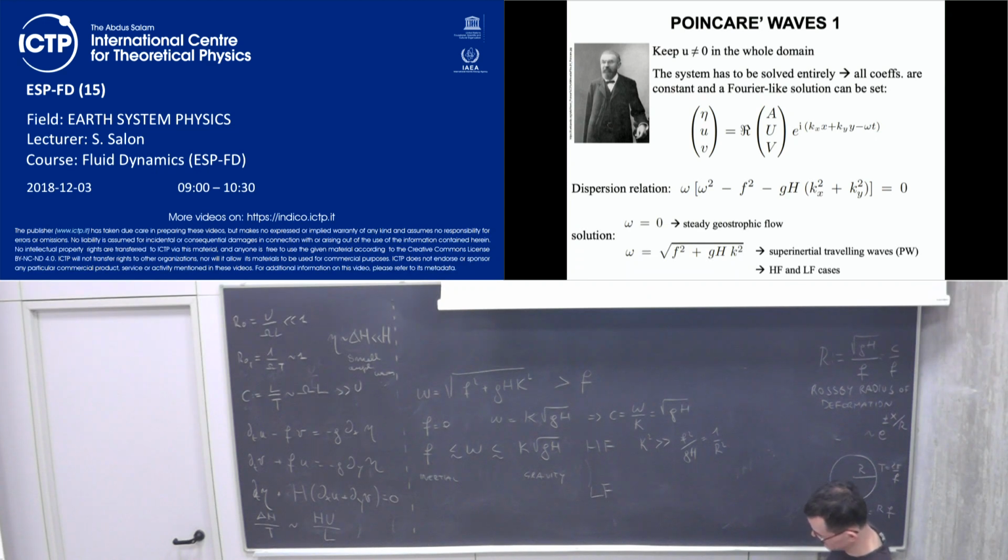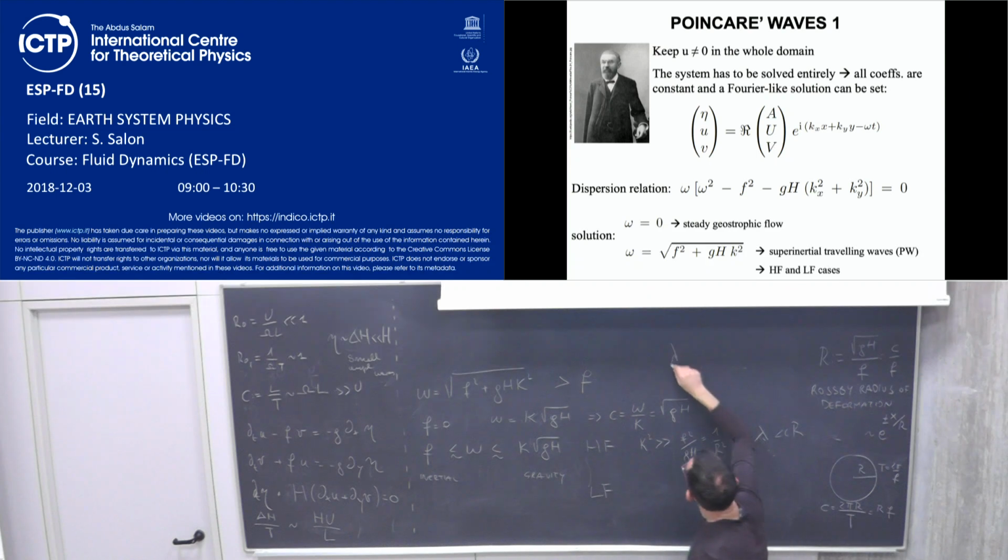So it means that the wavelength that we are going to consider for the high frequency will be much smaller than R. Okay?